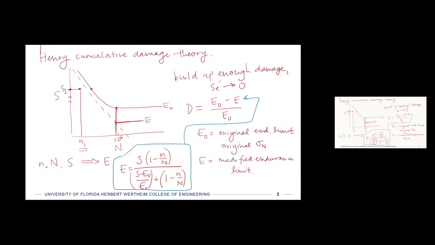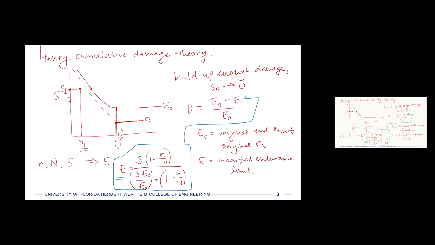But we're not going to use that damage ratio and see whether it adds up to 1. Rather, what we're going to do is an iterative process of changing the endurance limit. And if that endurance limit goes down to 0, then we've modified it too much and it cannot withstand the cycles that we've applied.